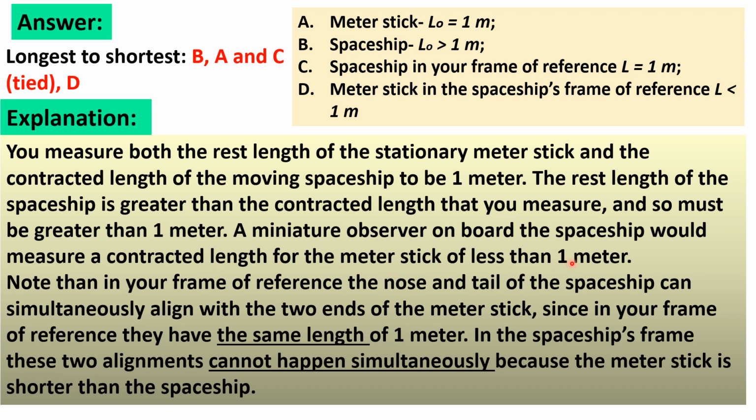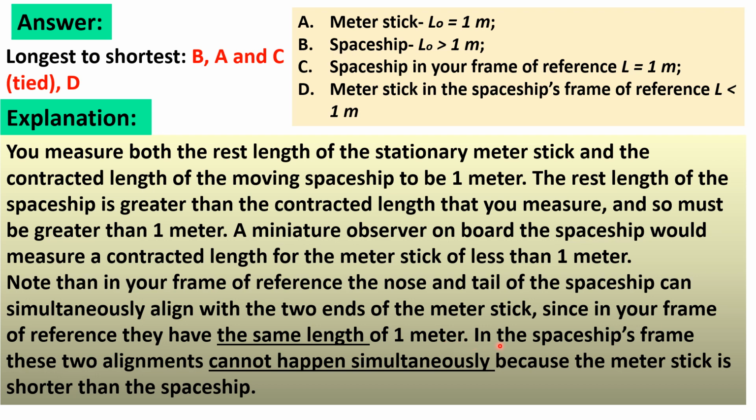That is what is meant by option D. So a little analysis will tell you that the ranking from longest to shortest must indeed be statement B, followed by A and C, which are both tied because both are equal to 1 meter, and the shortest of them is, of course, option D. Note that in your frame of reference, the nose and the tail of the spaceship can simultaneously align with the two ends of the meter stick, since in your frame of reference they have the same length of 1 meter.